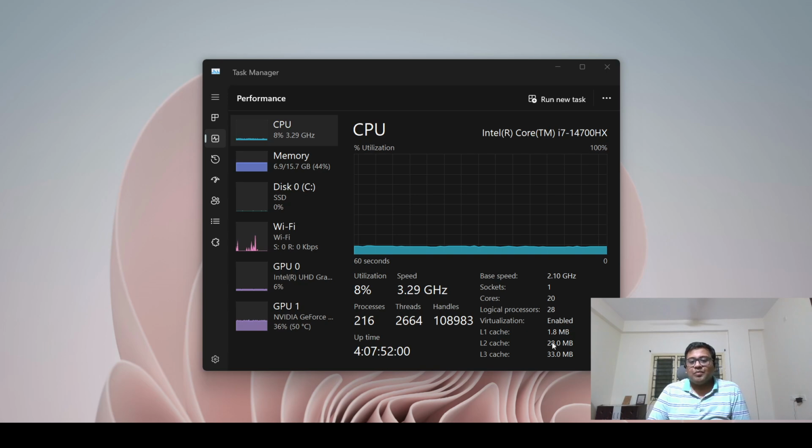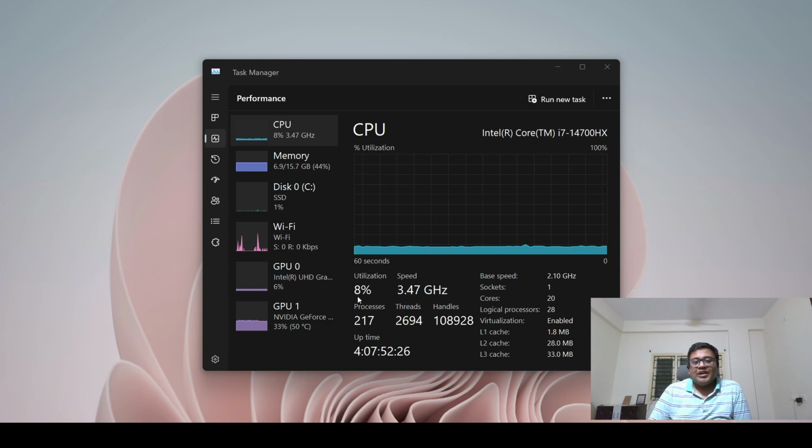As memory grows, speed decreases. So L1 is the smallest and fastest memory. L2 is a little less fast than L1, and L3 is the slowest. Although even the slowest is very fast because it's very near the CPU, and the CPU need not go again and again to RAM. It can manage all those things here. But if we just want to compare these three, we can compare them that way.